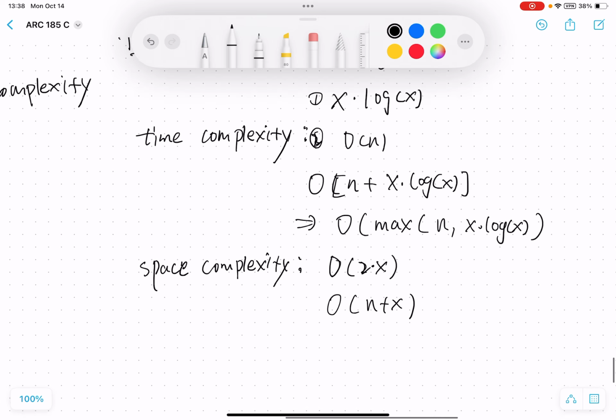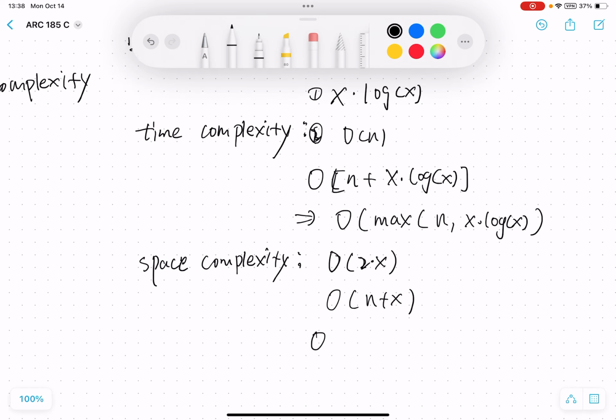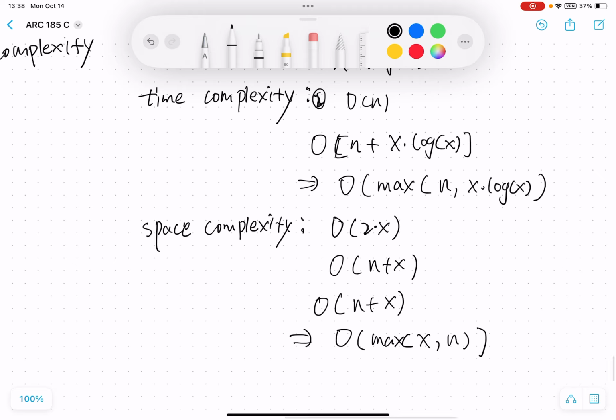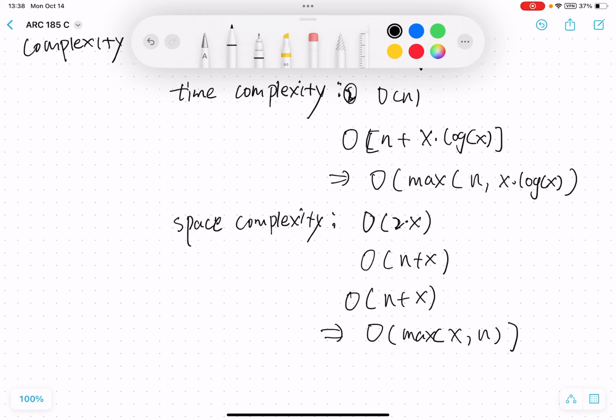We can also write it as max of x and n. So this is the space complexity. This is all about this problem. Thanks for watching.